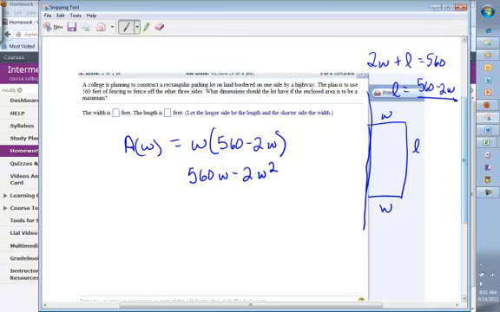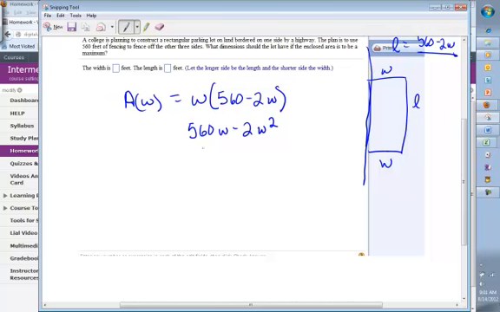Let's rewrite it so that we have the -2 parentheses w squared first, and take a negative 560 divided by 2, or 560 divided by -2 is negative 280w. Plus blank minus blank, close parentheses.